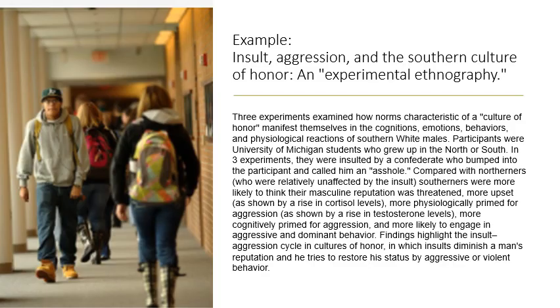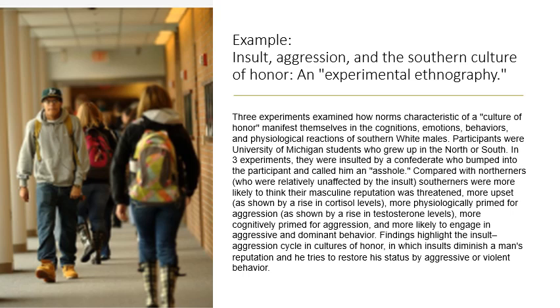Another example, insult, aggression, and the Southern culture of honor, an experimental ethnography. Three experiments examined how norms characteristic of a culture of honor manifest themselves in cognitions, behaviors, and reactions of Southern white males. Participants were University of Michigan students who grew up in the North or South.